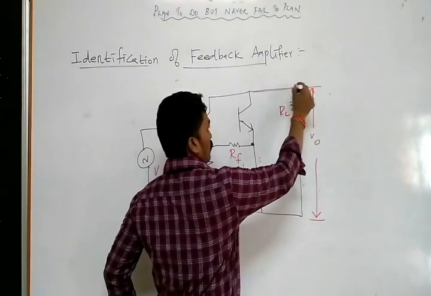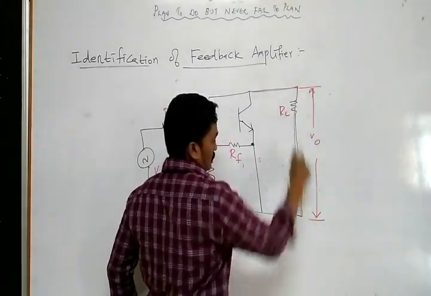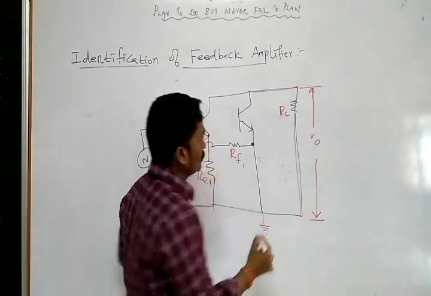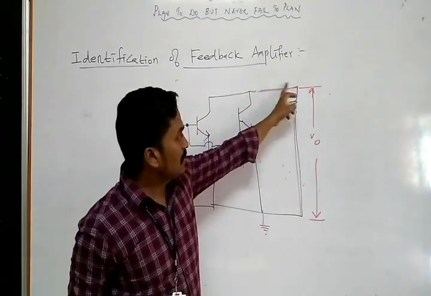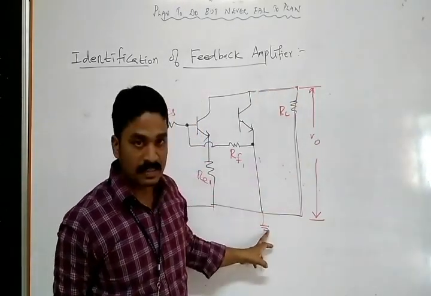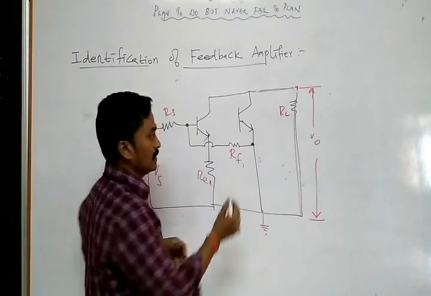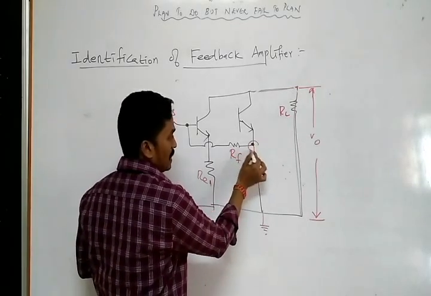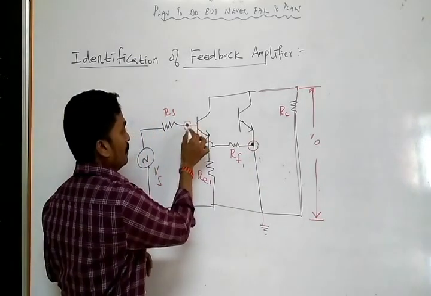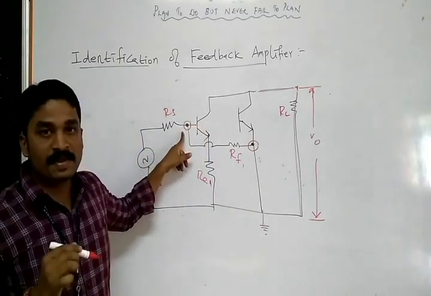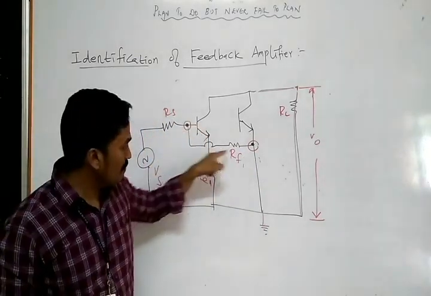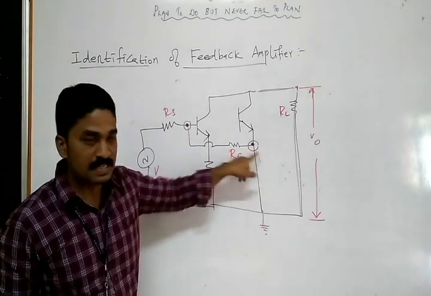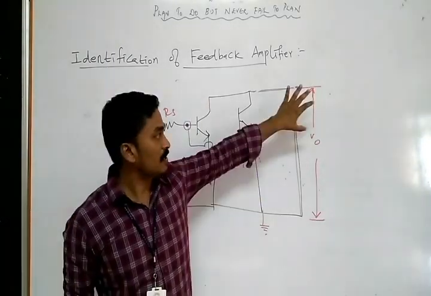After shorting this output terminal, all the collector current will go to the ground directly, but still the feedback resistance goes from the emitter terminal to the first stage base terminal, which means there is a feedback connection between the output stage and the input stage after shorting the output terminal.